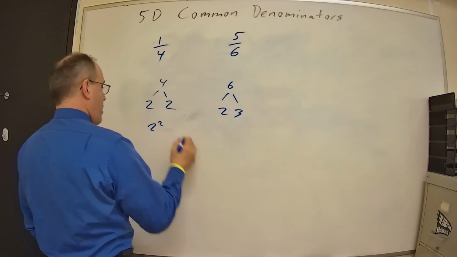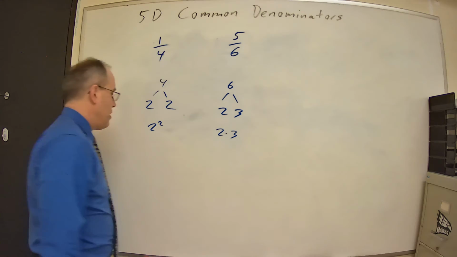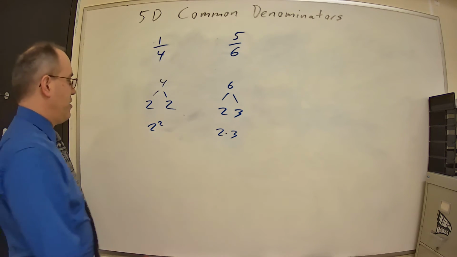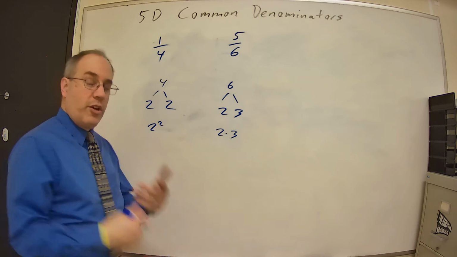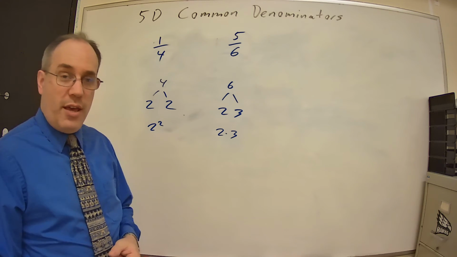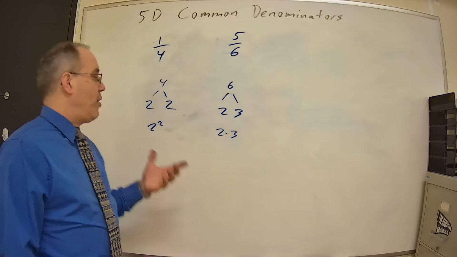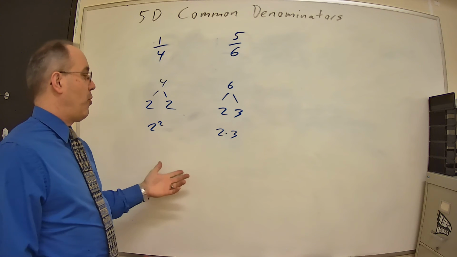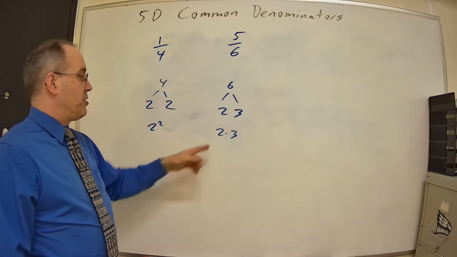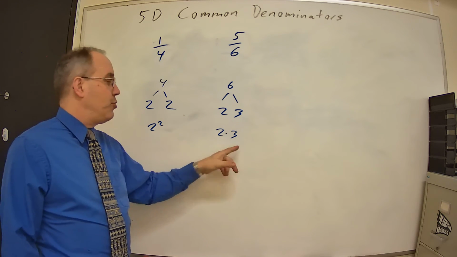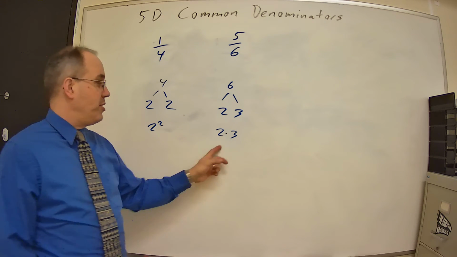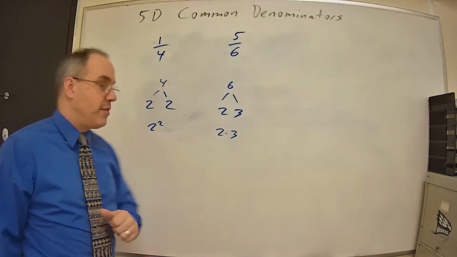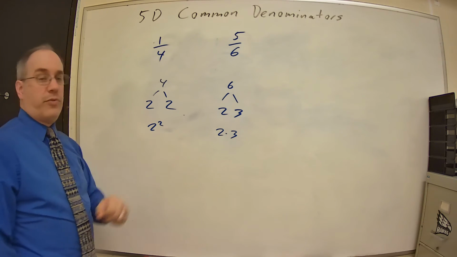That's 2 squared, 2 times 3. Common is, well, actually, we go kind of opposite this way. We want to see what we need to be able to come up with both of these values. So that means to get a 6, we need a 2 times a 3. So we need 1, 2, and 1, 3 to get us 6. To get a 4, we need 2 2s.